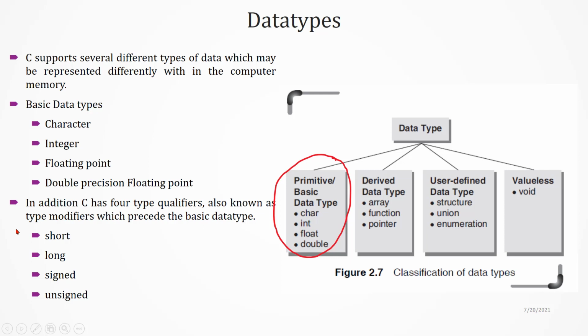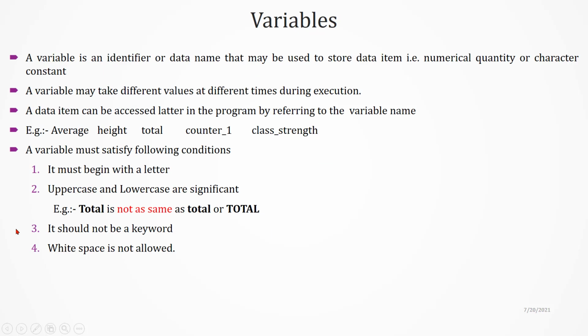Sir, what is the difference between variables and identifiers? An identifier is the name given to variables, functions and arrays. So we can say a variable is an identifier.